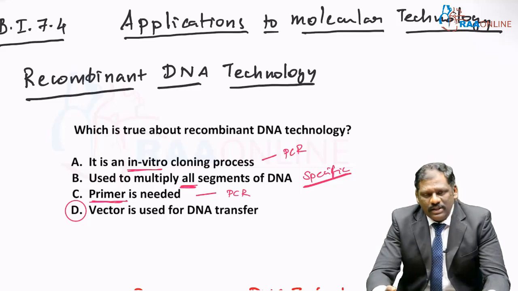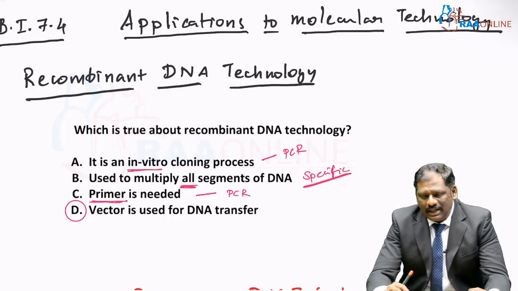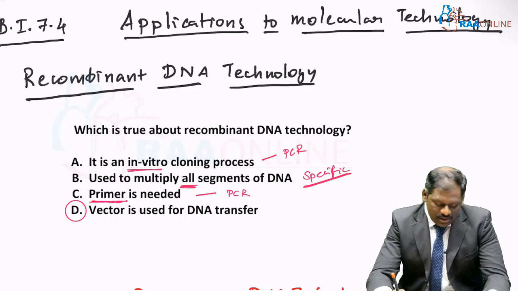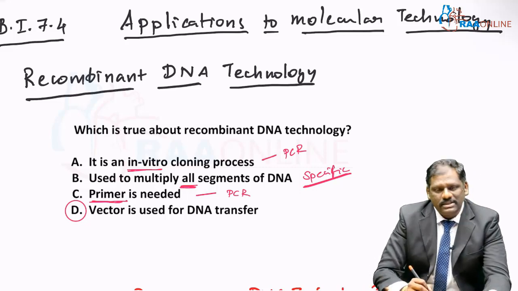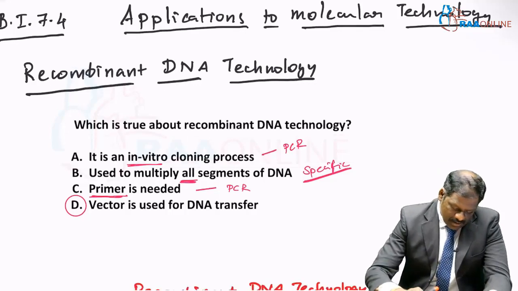So primer actually is not needed in recombinant DNA technology, and instead of a primer we use a vector, and that vector is used for transfer of our desired DNA of interest. That is why this is the only true answer about recombinant DNA technology. Are you clear, guys? Fine.